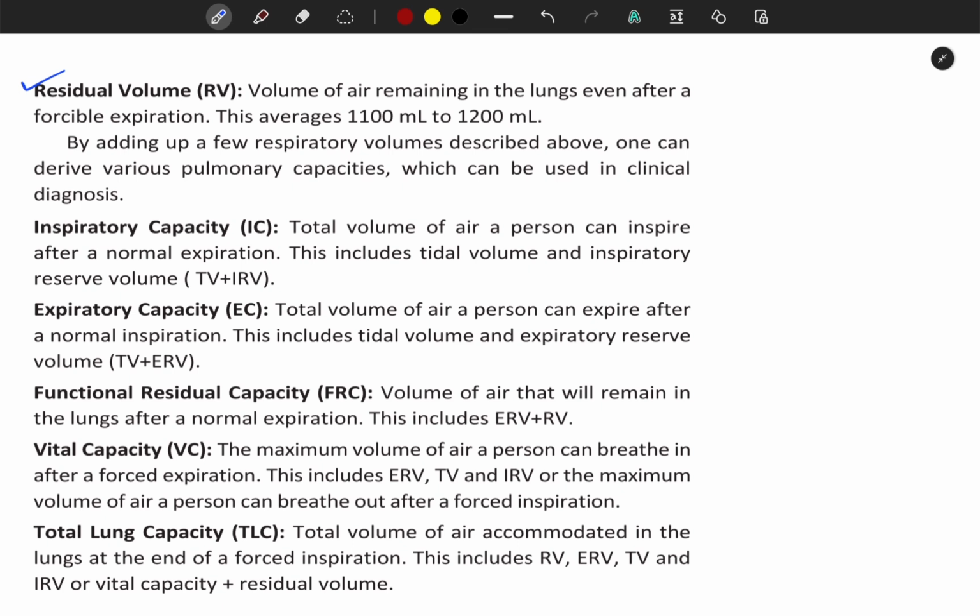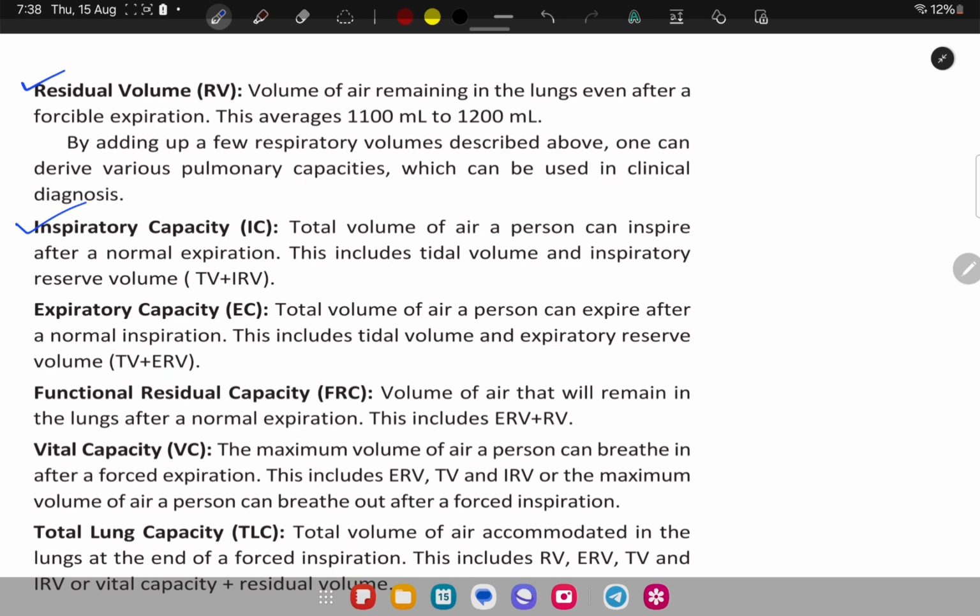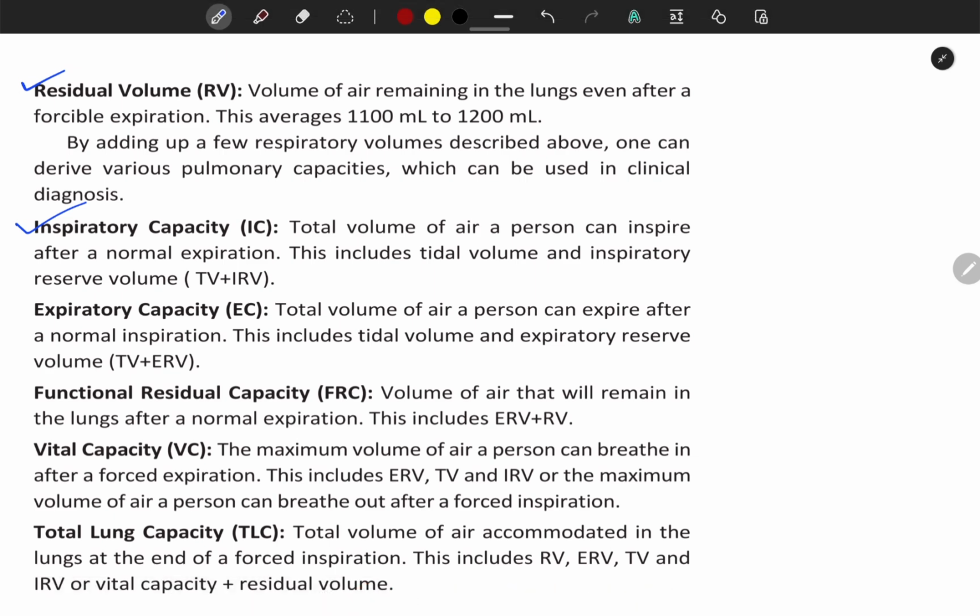By adding up a few respiratory volumes described above, one can derive various pulmonary capacities which can be used in clinical diagnosis. Inspiratory capacity, that is IC: total volume of air a person can inspire after a normal expiration. This includes tidal volume and inspiratory reserve volume, that is TV plus IRV.